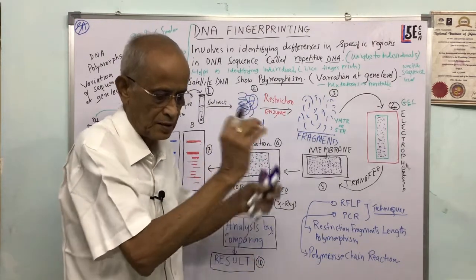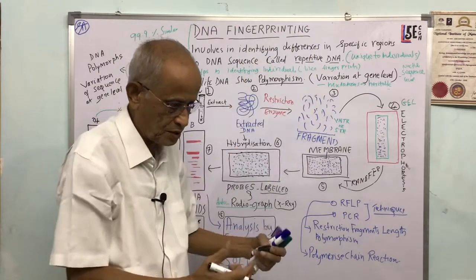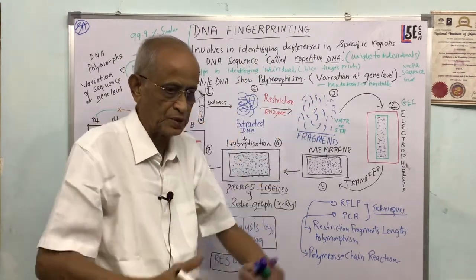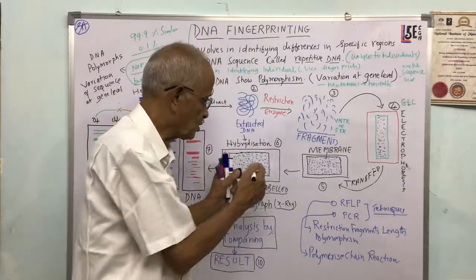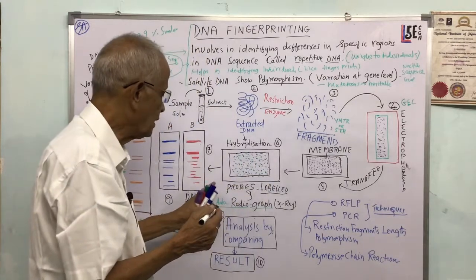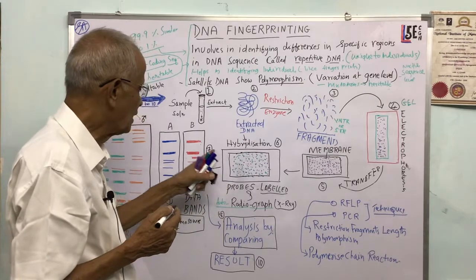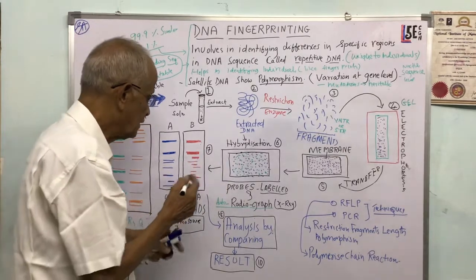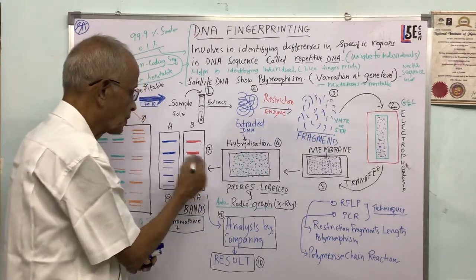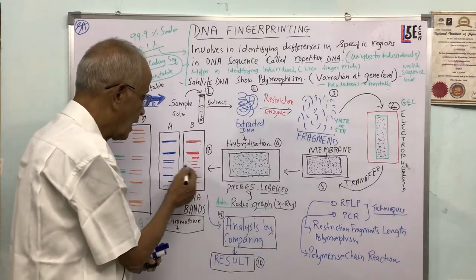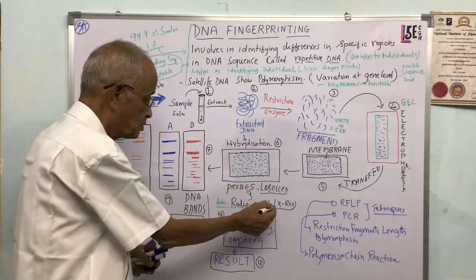You get the X-ray sheet in which you find the images, dark and white segments, when you look into the X-ray film, and such a thing we get, and that will now be analyzed. When it is analyzed, then we will find the bands like that. So the X-ray will produce the bands.